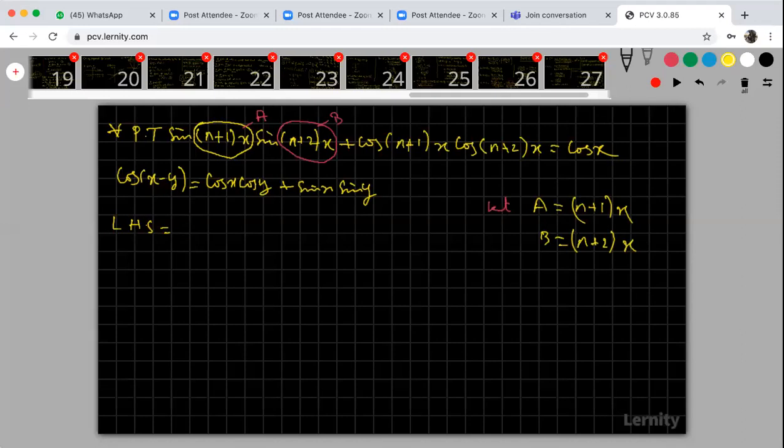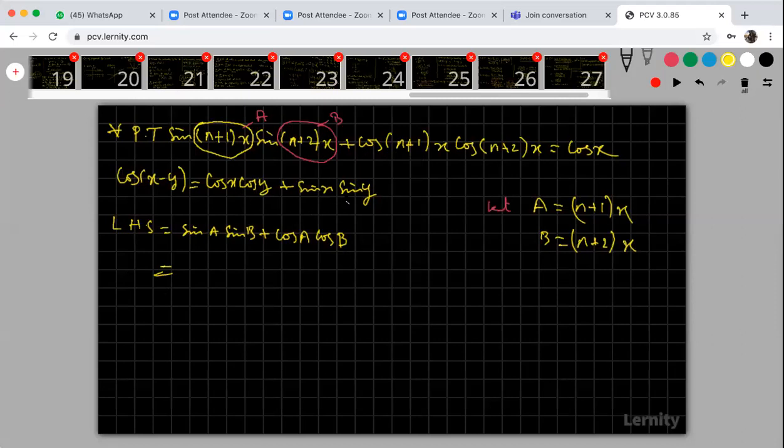Then apply: sin A sin B plus cos A cos B. This is my A, this is my B, this is my A, this is my B.